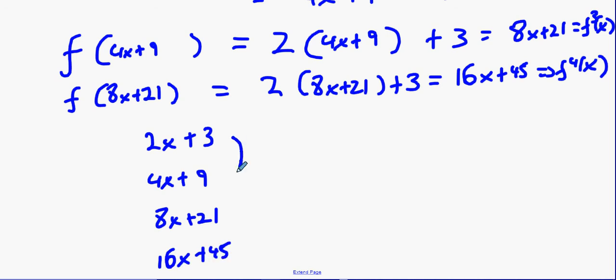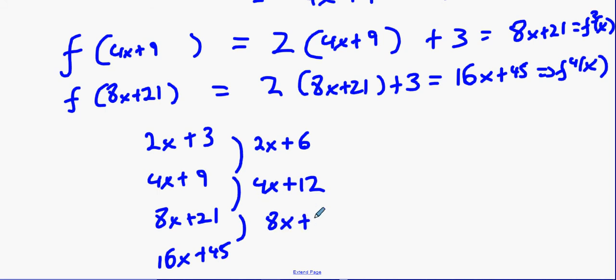The first difference is 2x plus 6, isn't it? The second difference, 4x plus 12. The next difference after that, 8x plus 24.